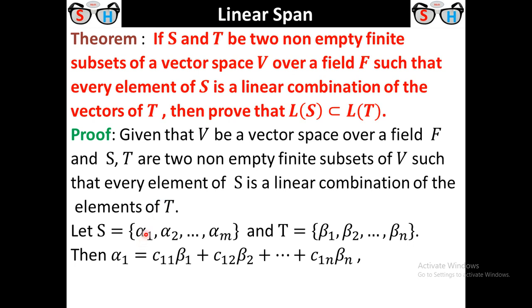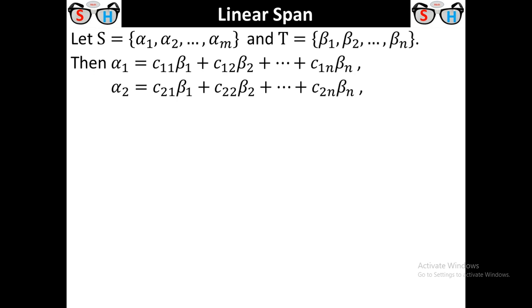Since alpha 1 is a linear combination of elements of T, therefore alpha 1 equals something beta 1 plus something beta 2 plus dot dot something beta n. Similarly, alpha 2 can be expressed as a linear combination of the elements of T, that is, something beta 1 plus something beta 2 plus something beta n.